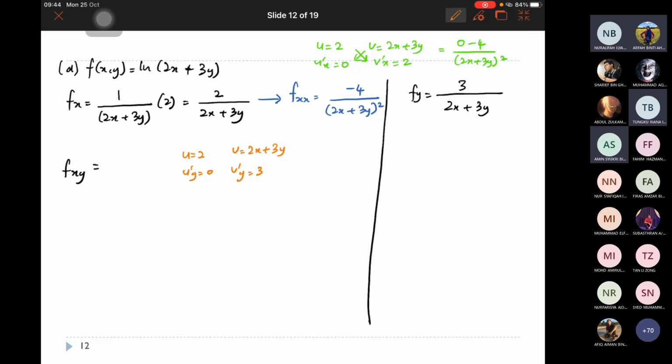V prime y sama dengan 3. Okay. So daripada sini dapat V U prime tolak U V prime over V squared. So dapatlah fxy adalah negatif 6 per 2x tambah 3y kuasa 2. Okay. That is fxx dan juga fxy.